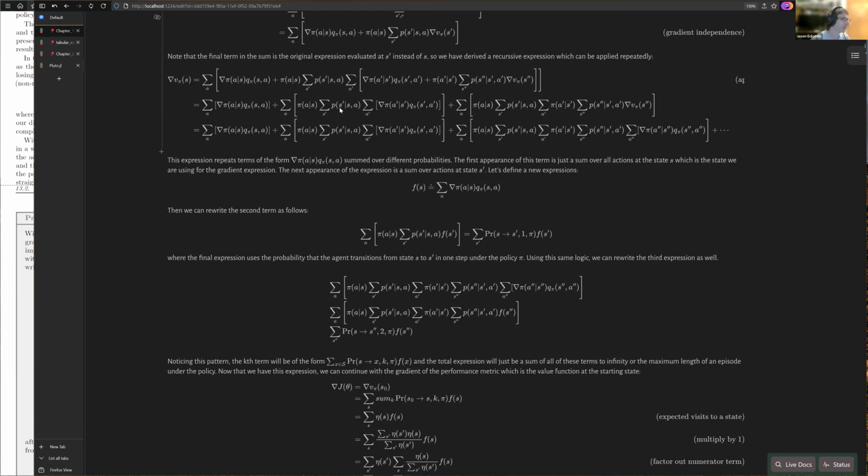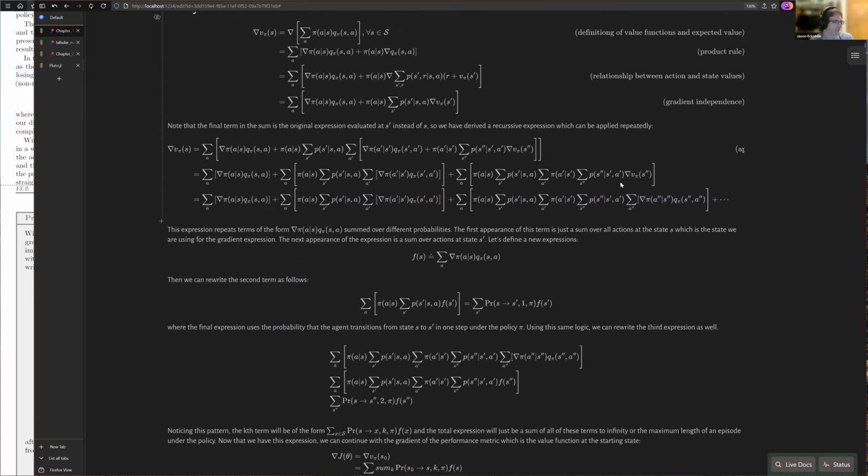And there are these extra sum terms at the beginning. And then, of course, this expression is different because now it still has the gradient of V left over, whereas through the recursion, we've eliminated the gradient of V.